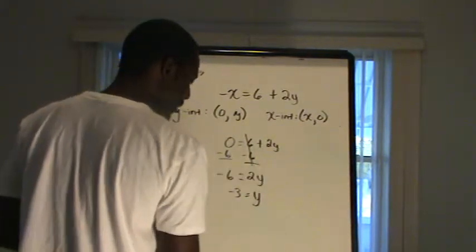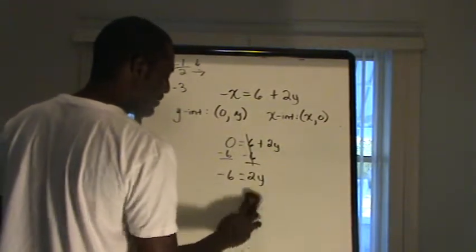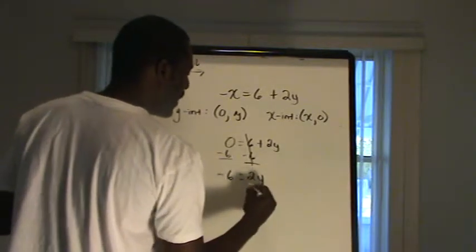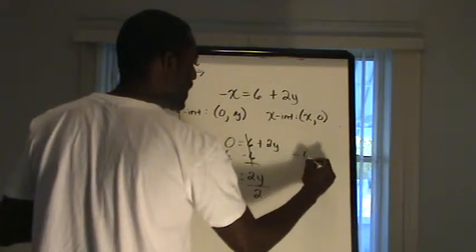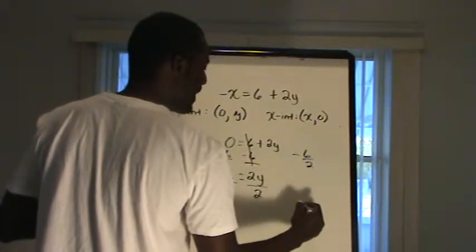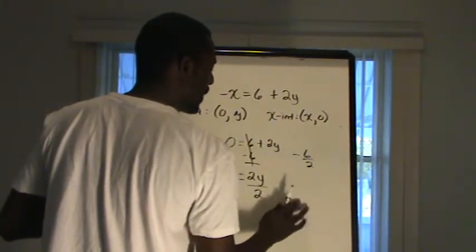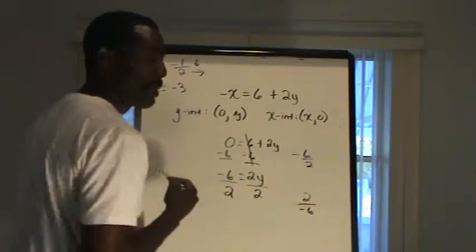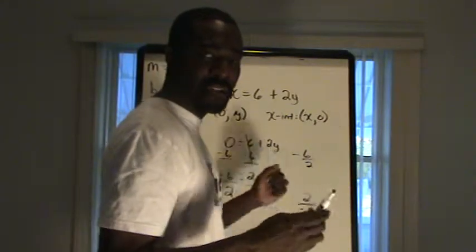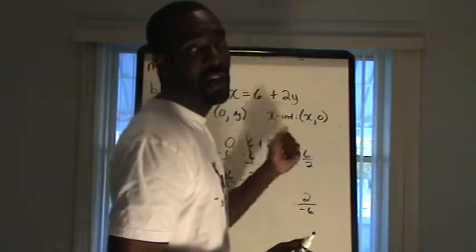Now, let me write this step out because sometimes we get a little bit confused. If I divide by 2 here, negative 6 over 2 is not the same as 2 over negative 6. One of these fractions is negative 1/3. The other fraction is negative 3.